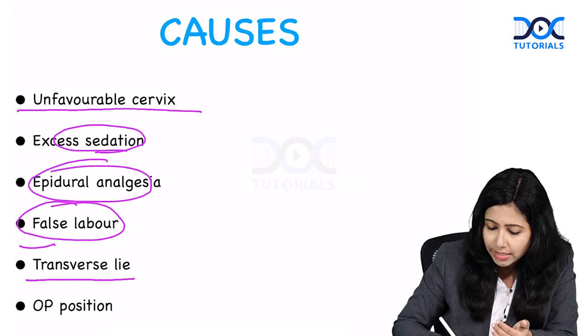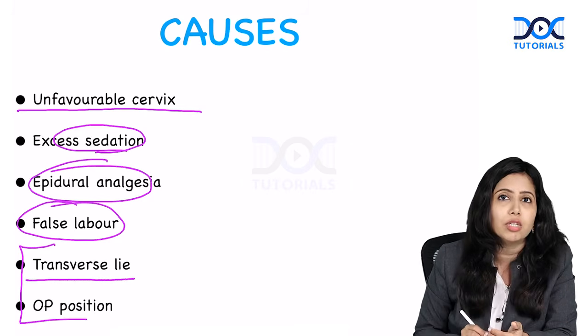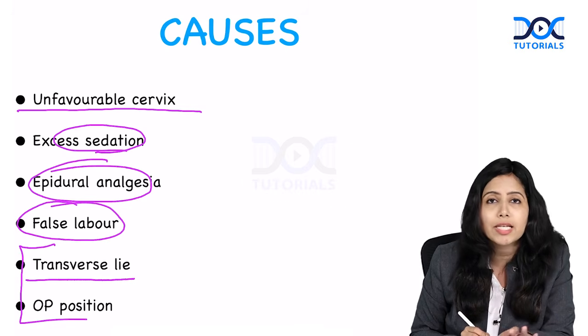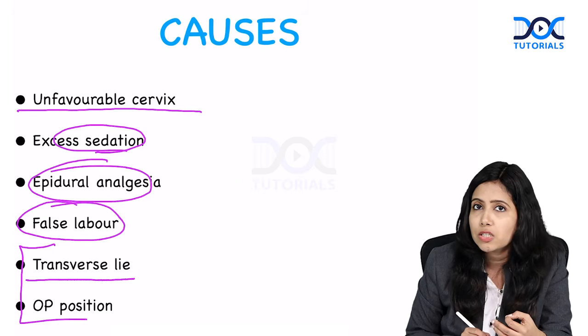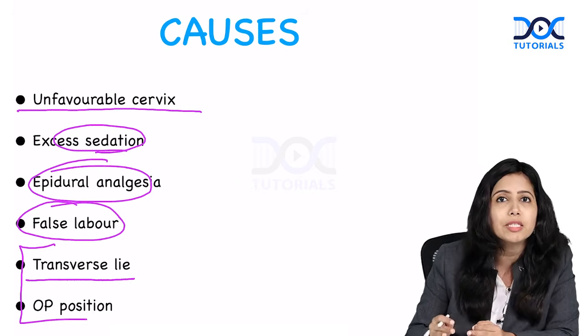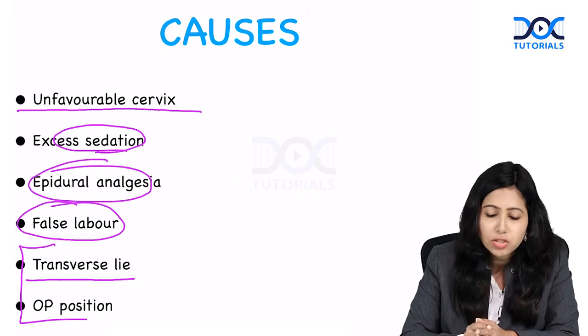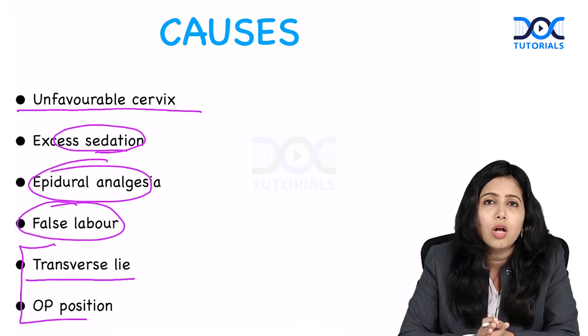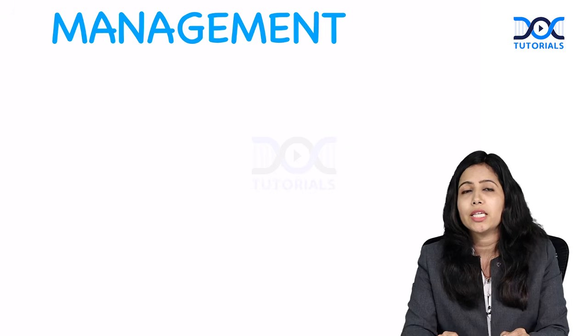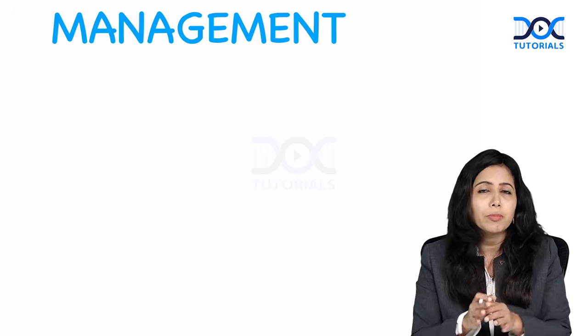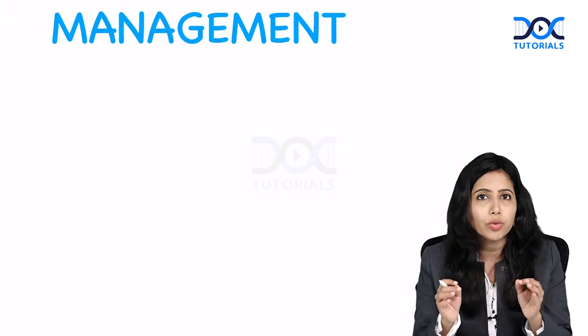If the patient has an abnormal lie or position, such as a transverse lie or an occipito-posterior position, in these conditions also the latent phase is going to be prolonged. So these are a few of the causes of prolonged latent phase. Now, if you see that a patient is in prolonged latent phase, what are you going to do?